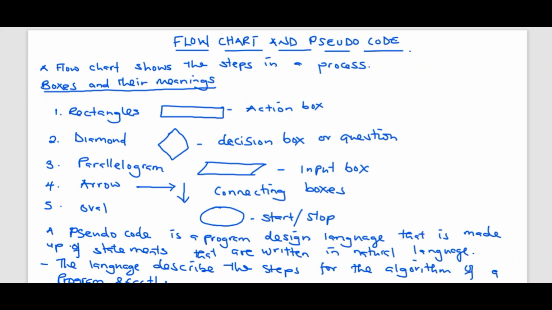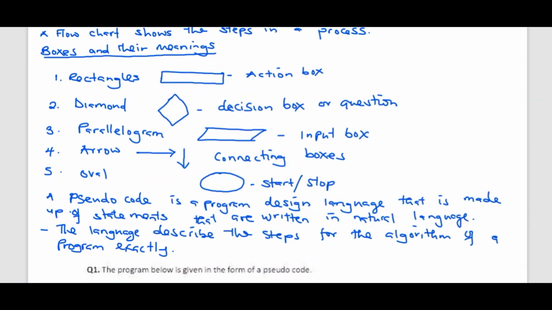So let us define now a pseudocode. So we are saying a pseudocode is a program design language that is made up of statements that are written in natural language. So pseudocode and flowchart, these are two different things. Flowchart, you see boxes and their meaning. And then pseudocode, it is the language just.